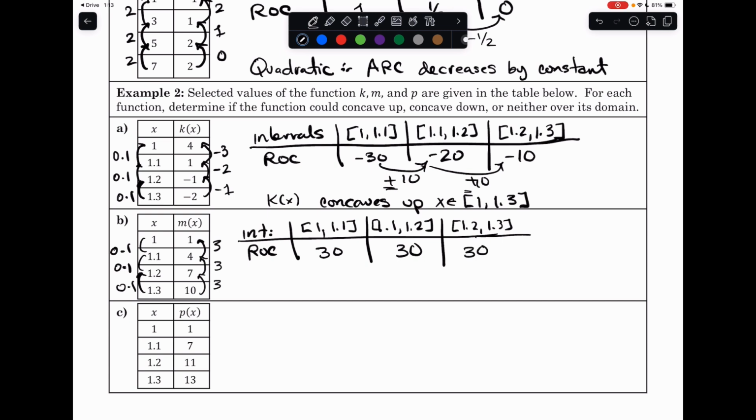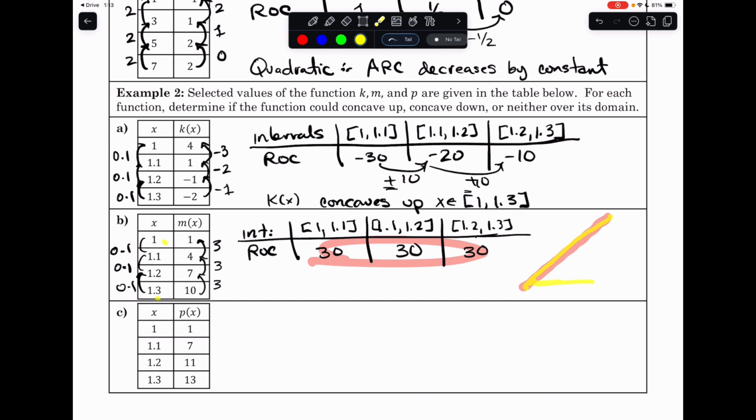So in this example right here, since our rate of change is the same, that means that we just simply have a diagonal line, a line that goes upwards. And I know it goes upwards because the y values are increasing, right? 1 to 4 to 7 to 10 are getting bigger, so the y values are getting bigger from this point of 1 all the way to 1.3 in that little section.